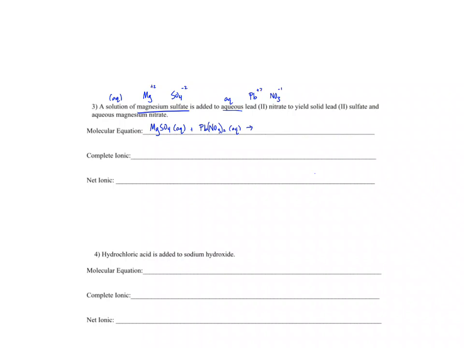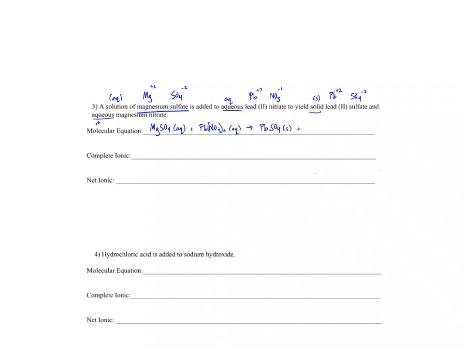And they yield, so arrow, solid lead sulfate, so Pb +2, and sulfate SO4 -2 gives me PbSO4 as a solid, and aqueous magnesium nitrate.